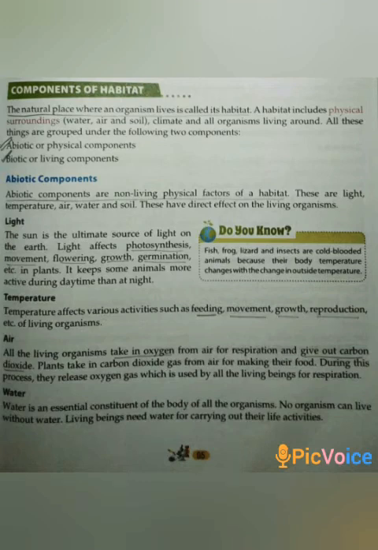Then temperature. Temperature affects various activities such as feeding, movement, growth, reproduction, etc. of living organisms. Then air. All the living organisms take in oxygen from air for respiration and give out carbon dioxide.